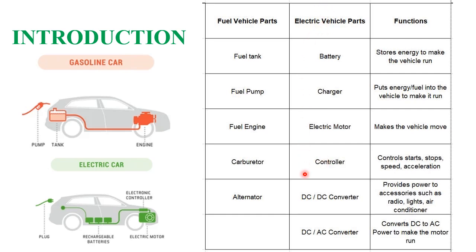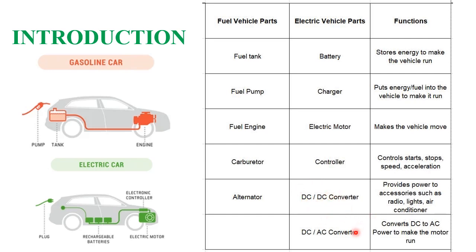In order to provide power to the accessories such as radio, light, air conditioner, you need an alternator in case of fuel vehicle, and in electric vehicle you need a DC to DC converter because all the accessories work on DC power supply. Since the battery stores energy in the form of DC, you need just a step down or step up DC power supply. Most probably a step down DC power supply is necessary, right?